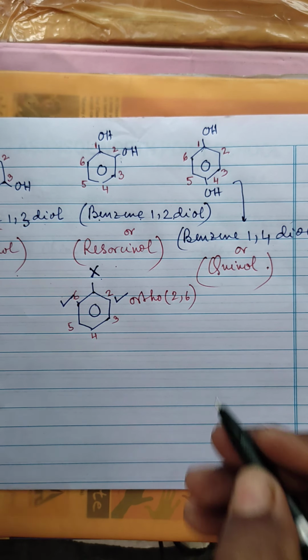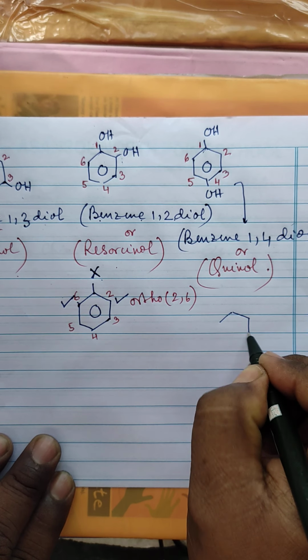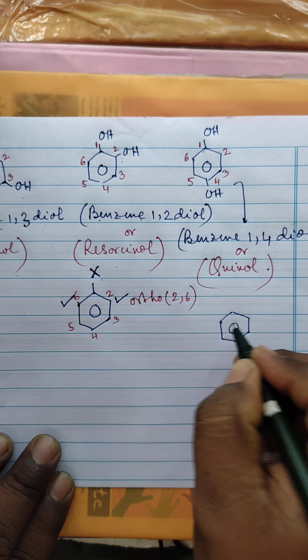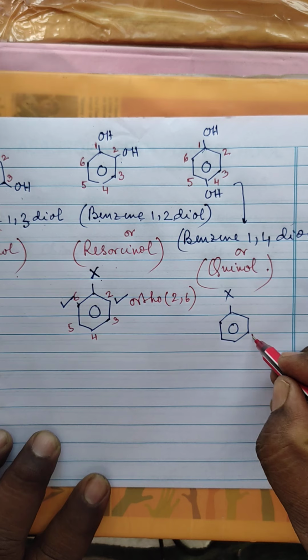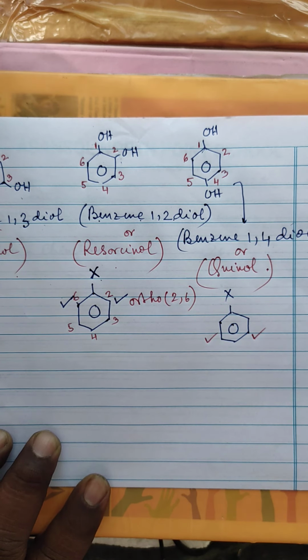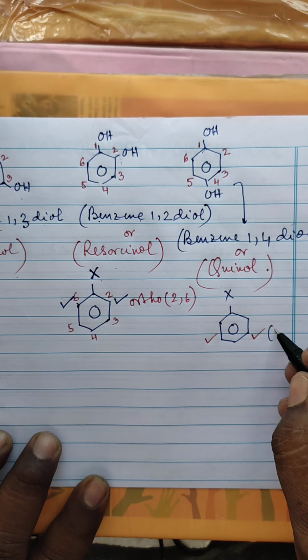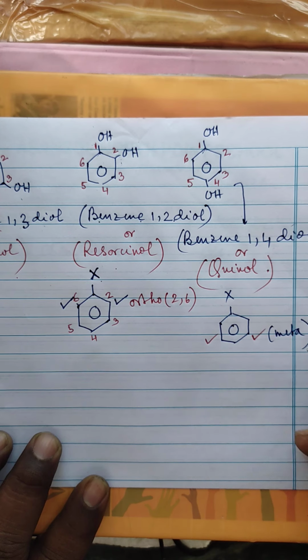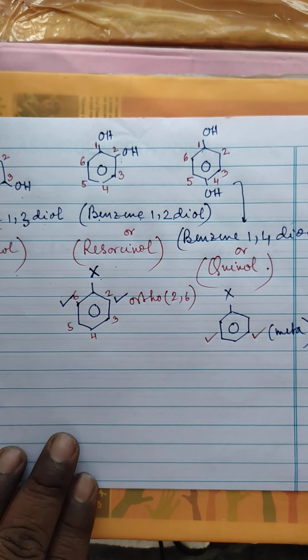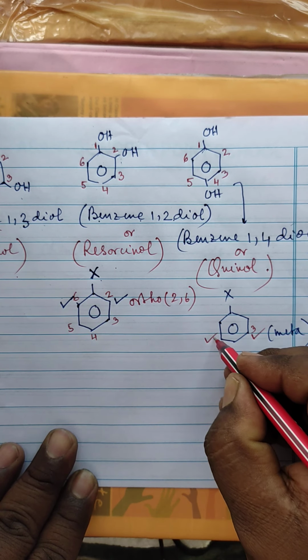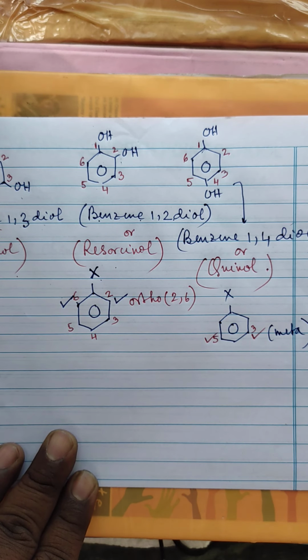On the other hand, if I have a benzene ring like this, substituent X is there and the substituent is located at these two positions, then this is called meta. These two positions are called meta. Meta means position 3 and 5.